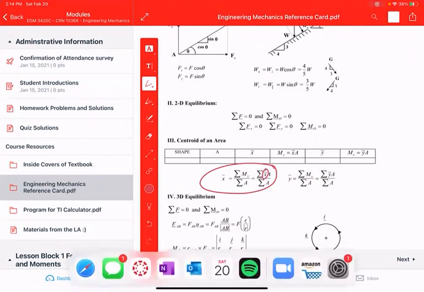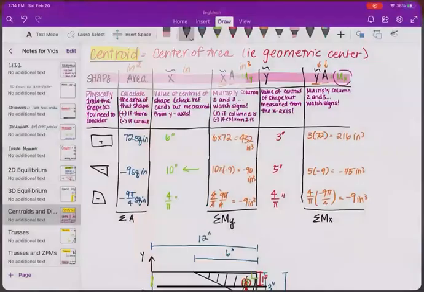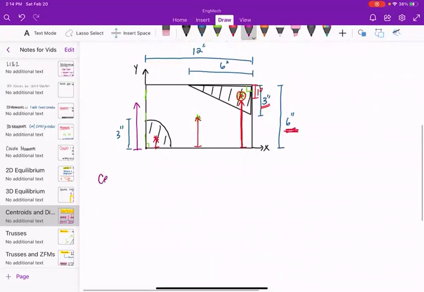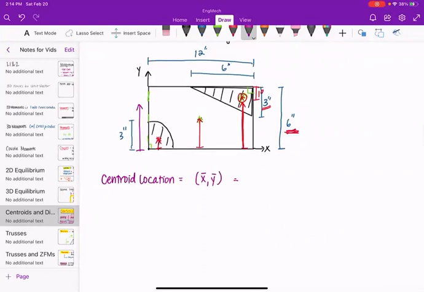So going back over to here, the centroid location you basically write as x bar, y bar. That's the format for it. That's equal to the sum of the moments about the y column over the sum of the area column, comma, sum of the moments about the x over the sum of the area.